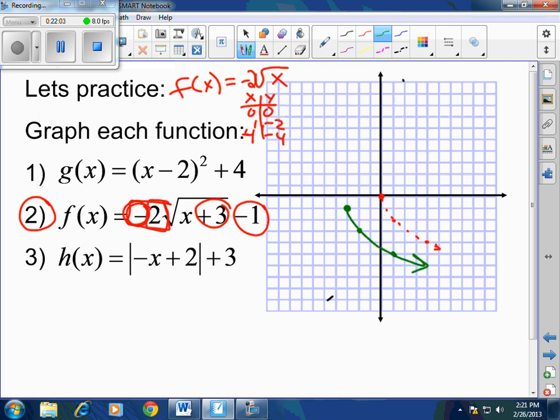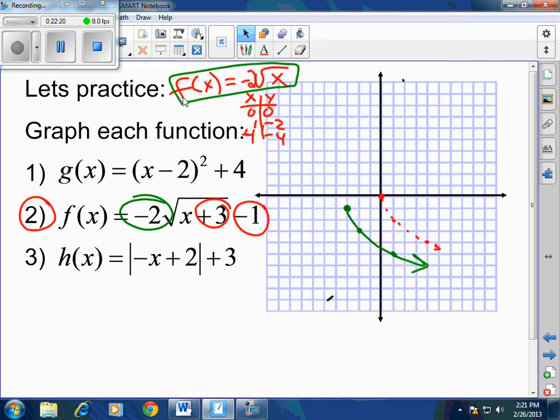So whenever you have a complicated situation here with a negative, regardless of what function it is, make that part of your parent. Graph those parent points and then shift left, right, up, and down. Does that make sense? Okay. For this next one, okay, well, y equals the absolute value of negative x plus 2 plus 3.